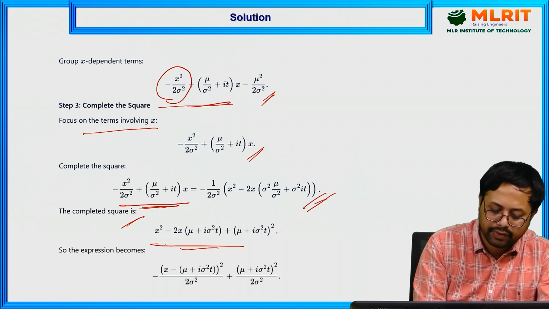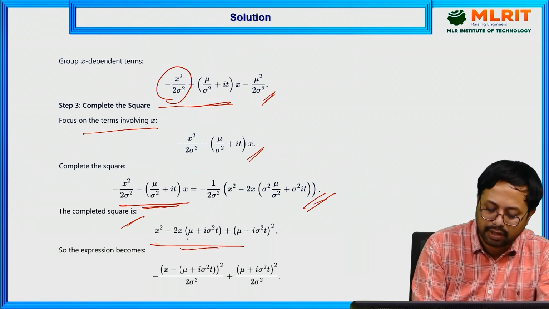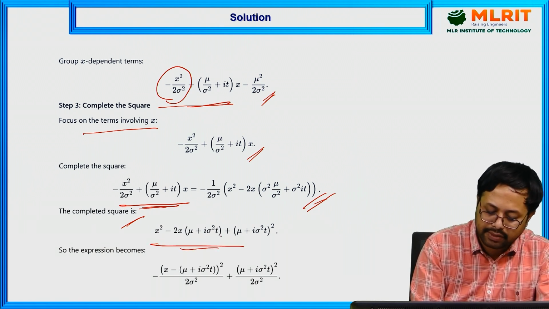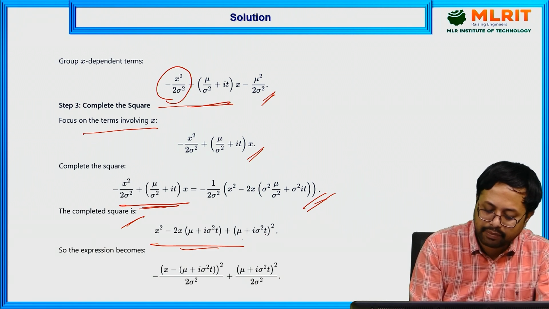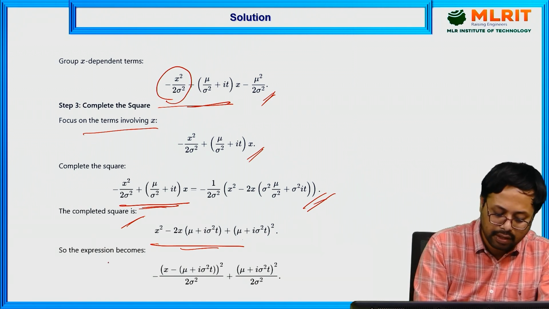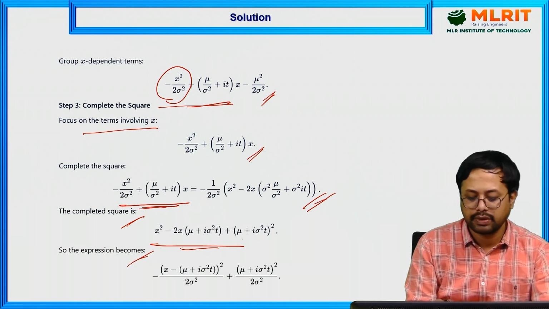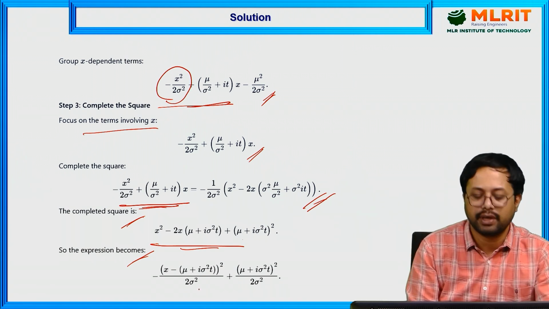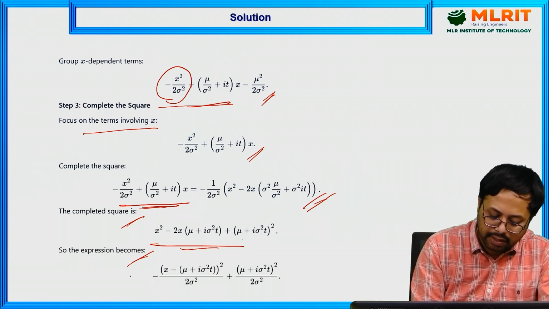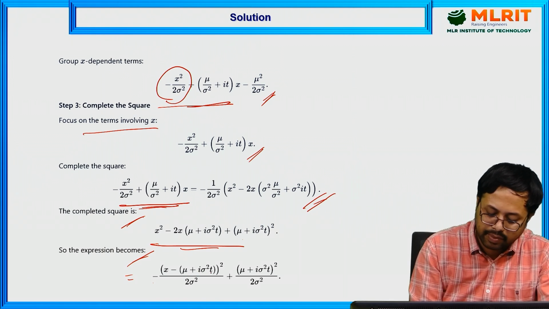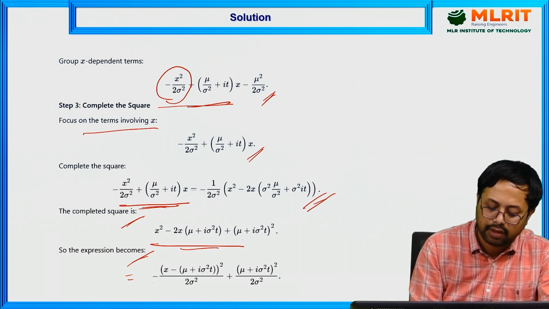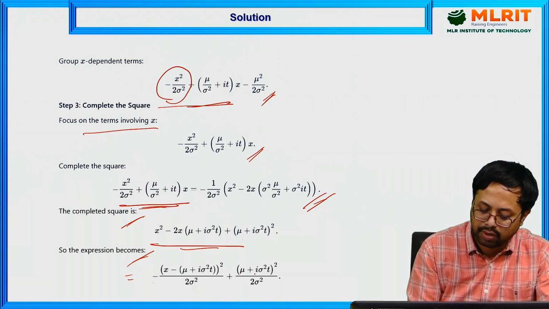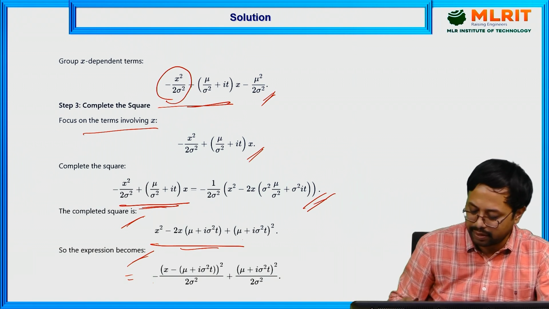You get the resultant: x square minus 2x of mu plus i sigma square t, plus mu plus i sigma square t of whole square. Now simplify the complete expression further, and you get minus (x minus mu plus i sigma square t) whole square by 2 sigma square, plus (mu plus i sigma square t) whole square by 2 sigma square.